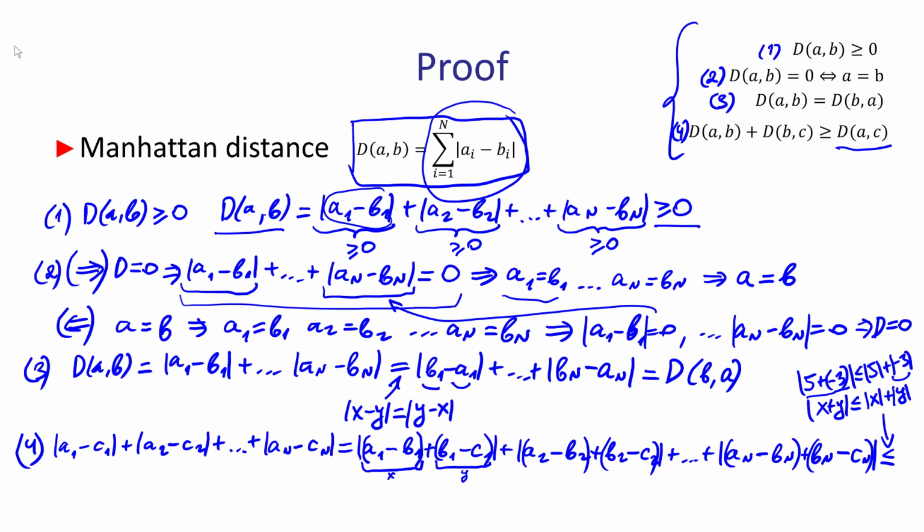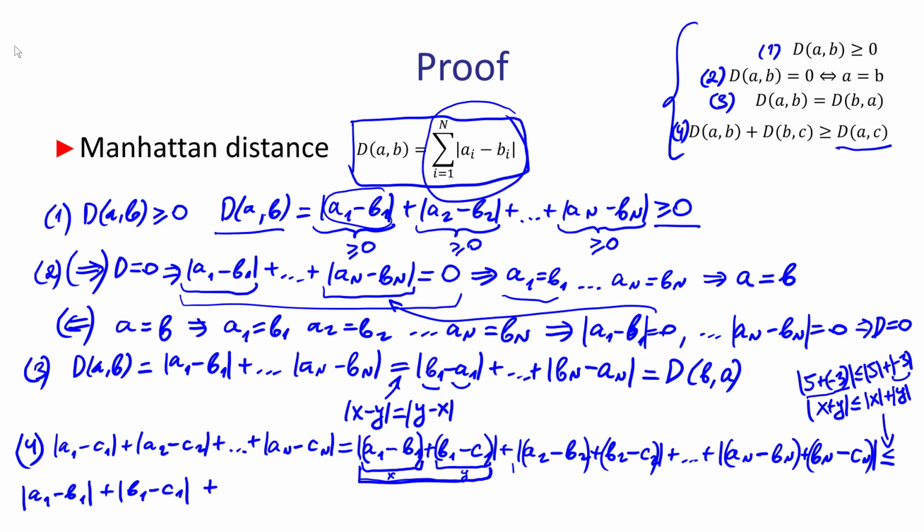So I can write for each one of those something like that. So it's smaller or equal to the absolute value of a1 minus b1 plus the absolute value of y, which is b1 minus c1. So that's it with that part.